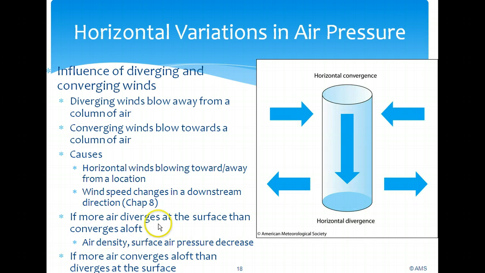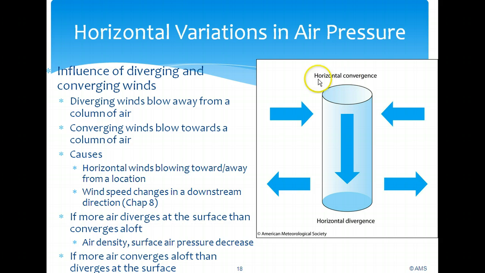So speaking of winds, supposing that at the Earth's surface horizontal winds blow away from the column of air as we see here. This is an example of what we call diverging winds. Concurrently, we can have horizontal winds above the surface that are blowing toward the column.